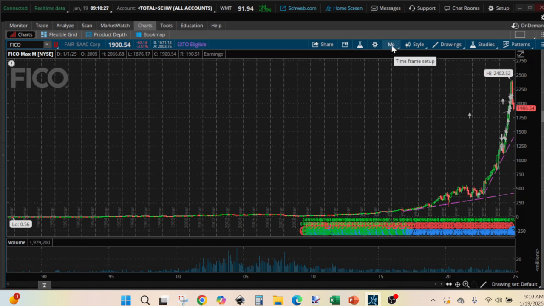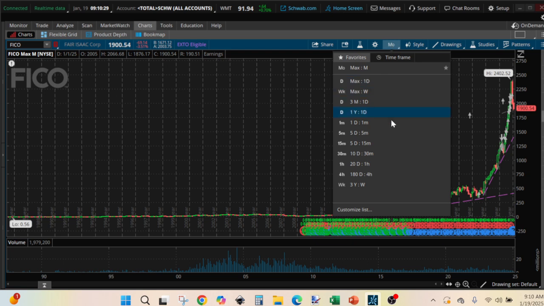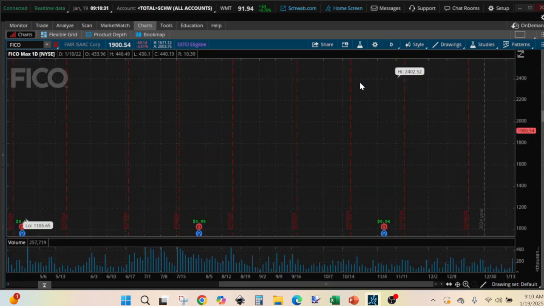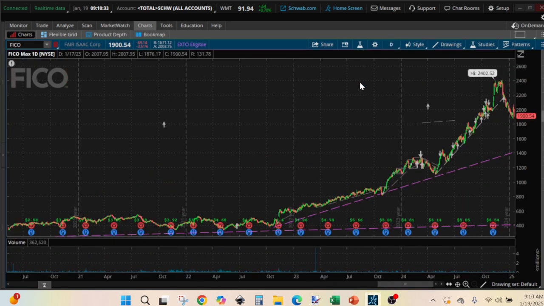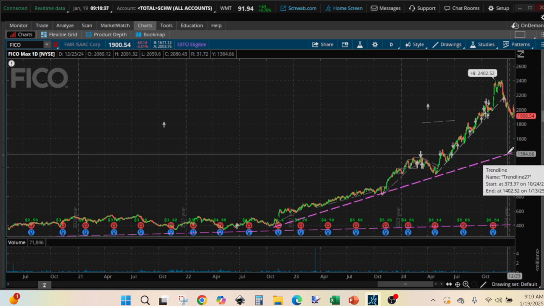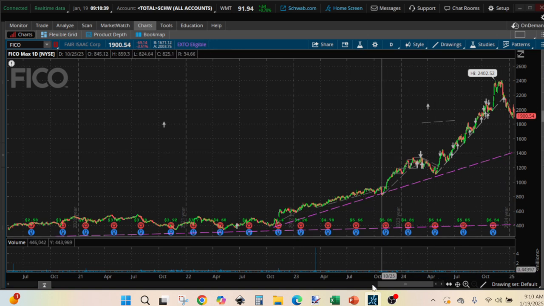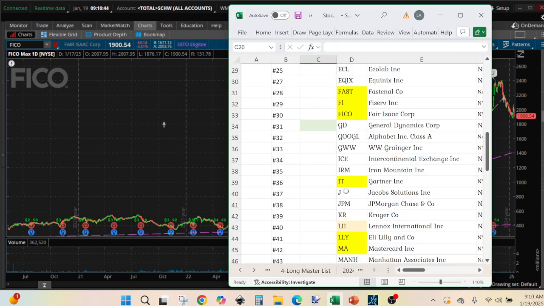So I'm going to go back to the maximum daily chart, and yeah, we like to wait on it at this line and get in when it gets to it. So this concludes part 2 of our January 19, 2025 chart analysis.